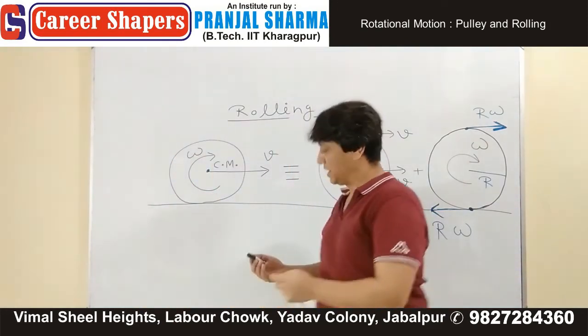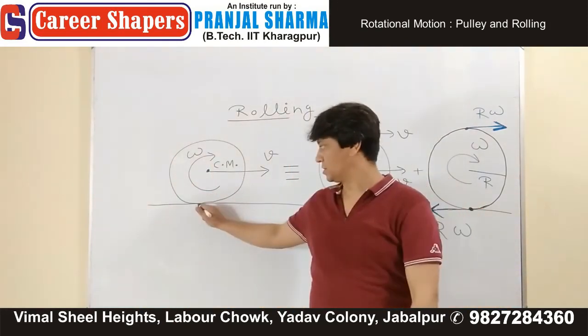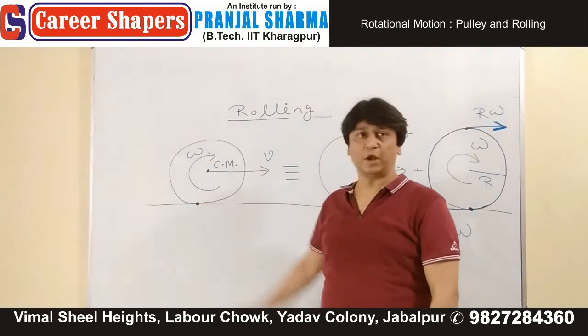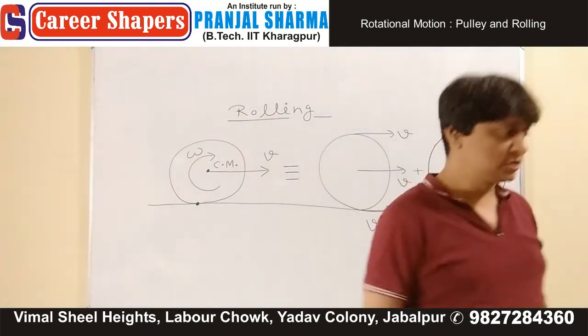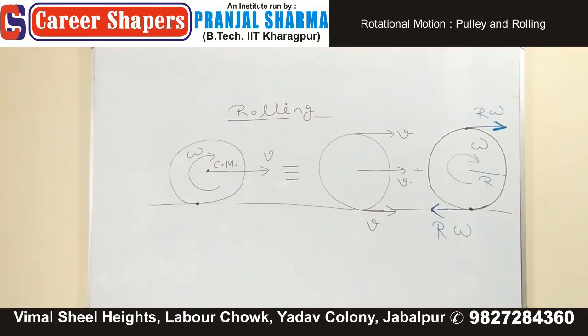Now tell me what is the velocity of this point in rolling. What is the velocity of this point, the contact point, the lowest point of the wheel in rolling? Look at the figure on the right side and you can answer this question.